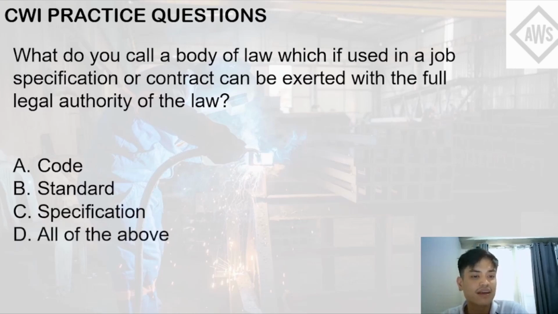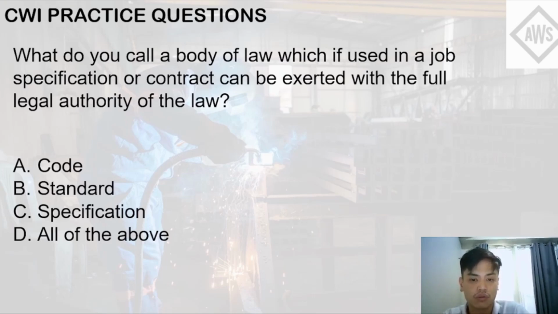So basically, a standard is a reference document against which the specification of an equipment, or in this case a weld, is compared to see if it complies with the acceptance criteria. The specification is just a list of parameters.